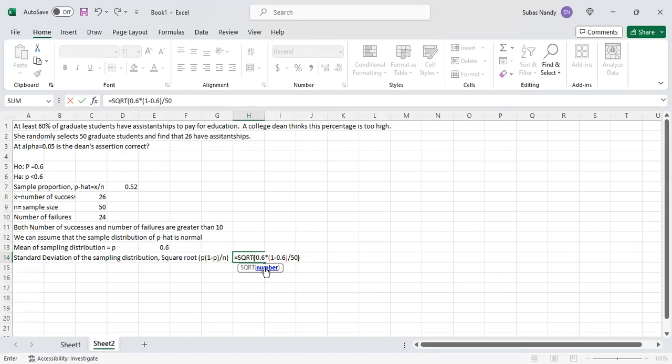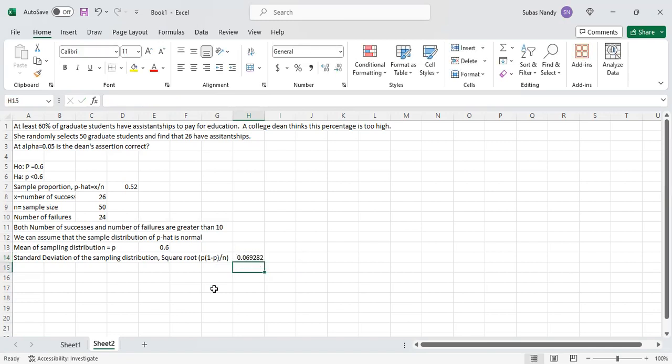And that's my standard deviation of the sampling distribution, which is 0.069282.